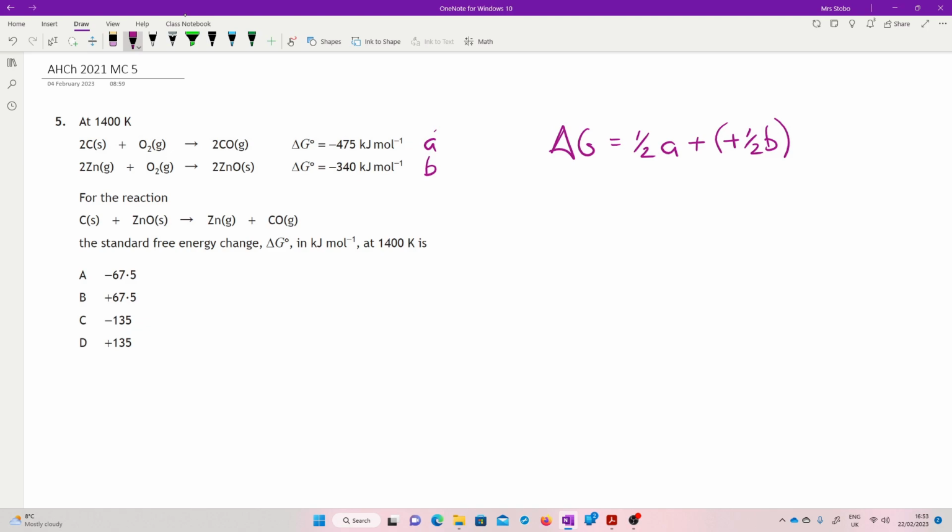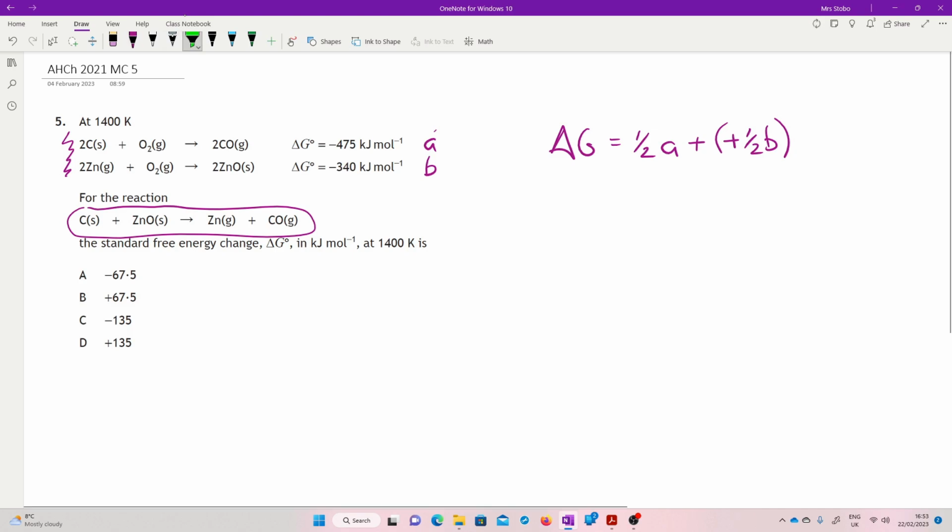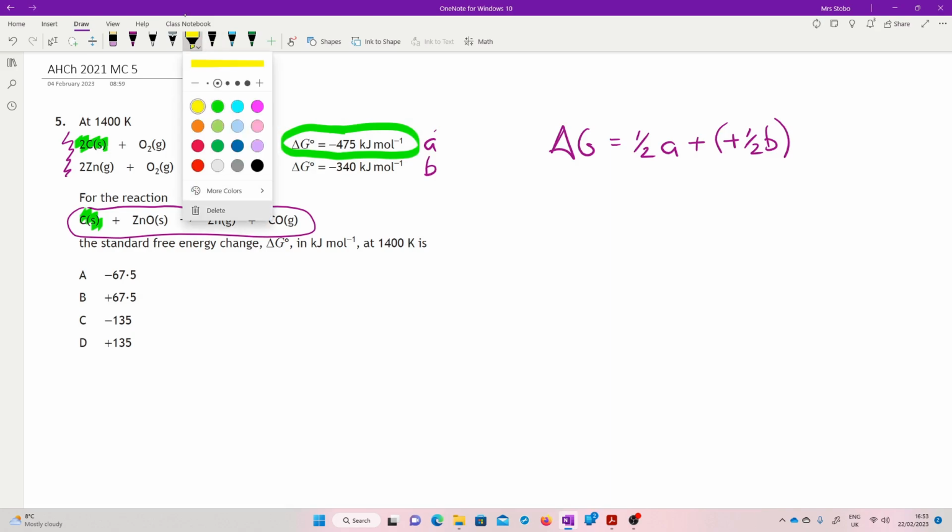So just to be clear what I'm doing here, this basically becomes my target equation, and these two up the top are my data equations. I need the data equations to be fitted to my target equation. I've got 2C here and only 1C there, so I'm going to have to half this number. Then I'm looking for zinc oxide. Here's my zinc oxide.